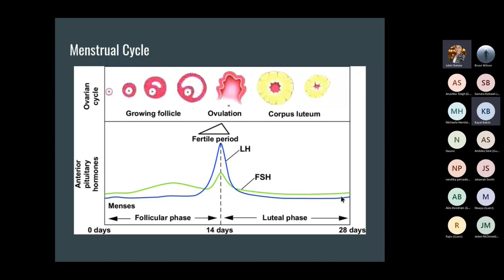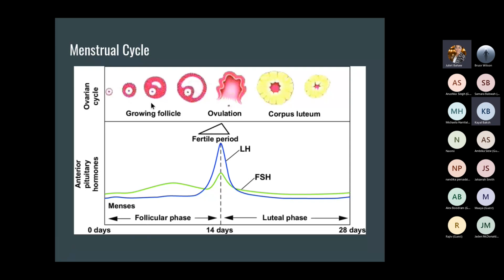That means the wall has to break back down, and the female will experience what you call the menstruation phase, or period phase, after day 28. So from day 28, it goes back to this first part here. From day 1 to day 5, the uterus lining is breaking down. Then estrogen levels will increase, rebuilding that wall.